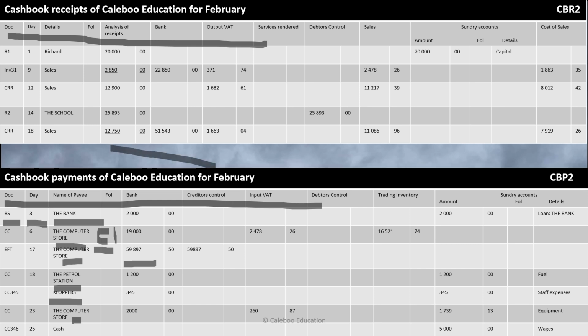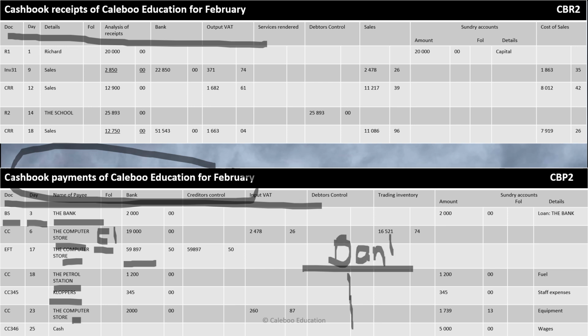Now remember, in the Cashbook payments, in our books, Calibre Education, we are looking at the bank account, the credit side. So when the bank balance decreases, this entry is going to go on the credit side of bank in our books, because it is a decrease in assets. If we're in overdraft, it's actually an increase in liabilities, but more about that later.